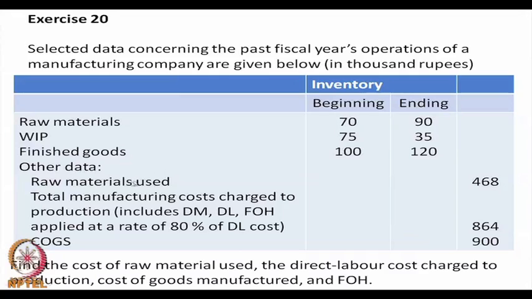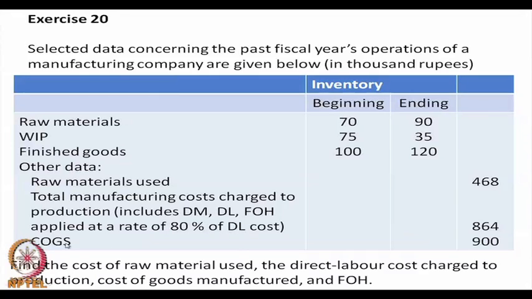The other data are: the raw materials used in this year is 468,000. Total manufacturing costs charged to production was 864,000, and that included direct material, direct labor, and factory overhead that was charged at a rate of 80% of the direct labor.